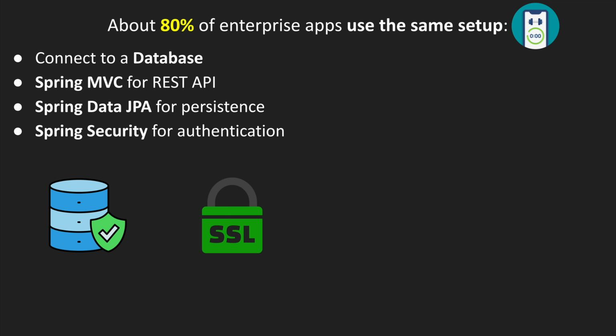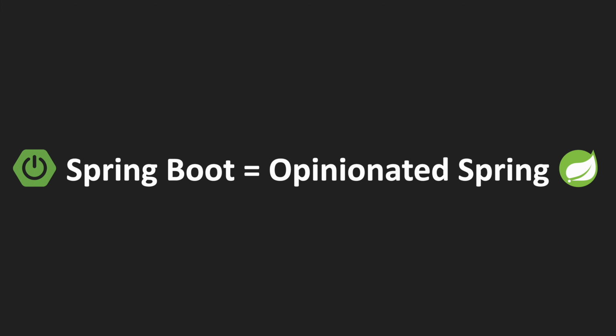So 80% of all enterprise applications basically use the same dependencies and the same tools in order to build the application. To close that gap, Spring Boot was created. Spring Boot is basically opinionated Spring. What that means is, instead of you manually configuring your beans, setting up and managing the dependencies, and doing all the related work, Spring Boot already does it for you.